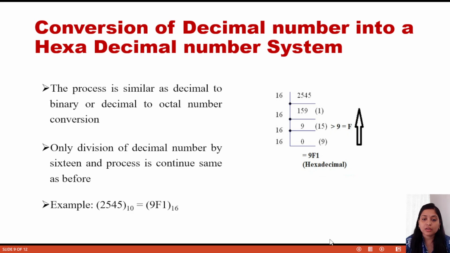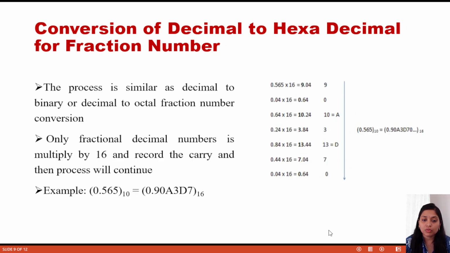Now if there is a fractional number, you follow the same process: 0.565 into 16. For a fractional number you multiply by 16 each time because the base is 16.